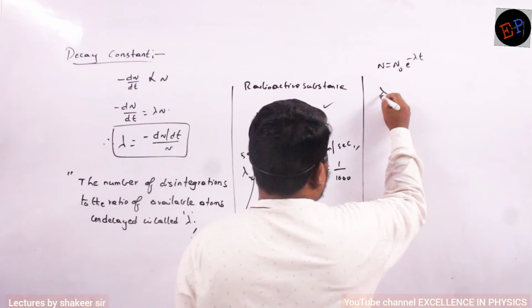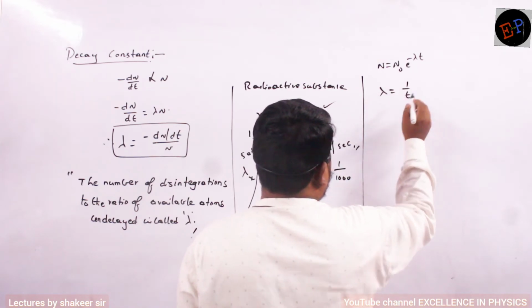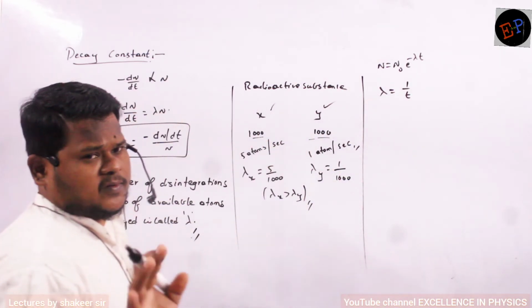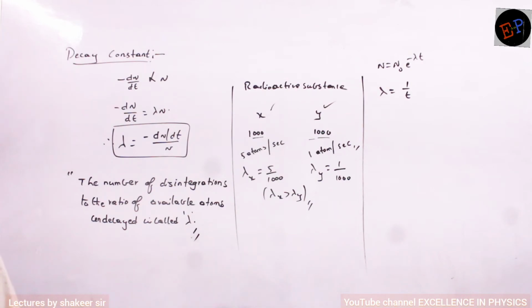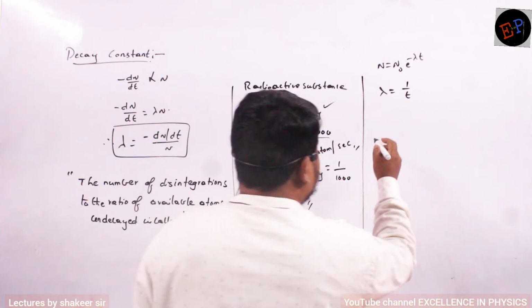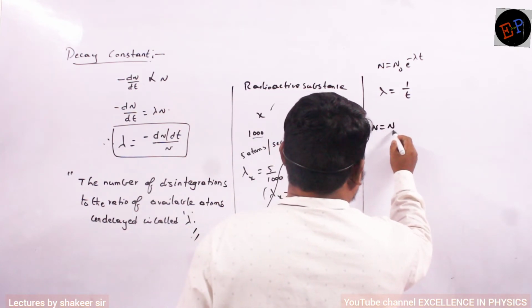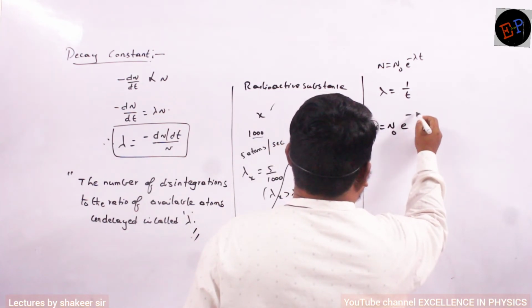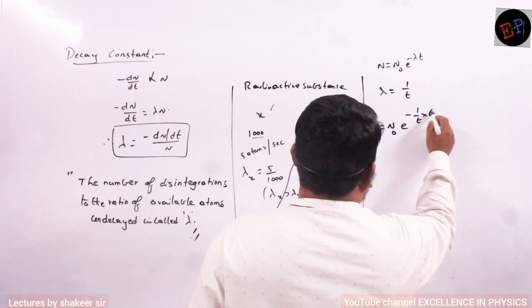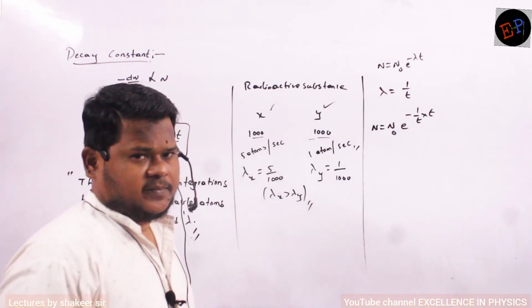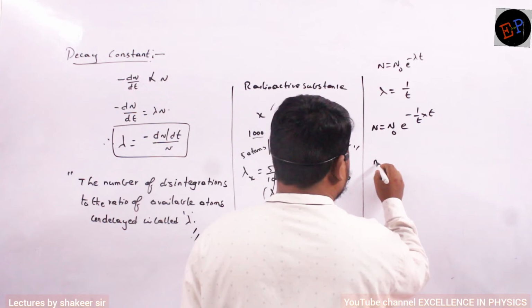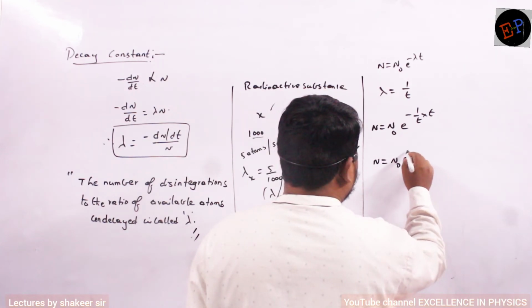Let us take lambda is equal to 1 by t. Just I will see what will happen. Lambda value, how much am I taking? 1 by t. Then substitute there. N is equal to N naught e power minus, instead of lambda I will write 1 by t, and t is already present. So t and t will get cancelled, then N is equal to N naught e power minus 1.